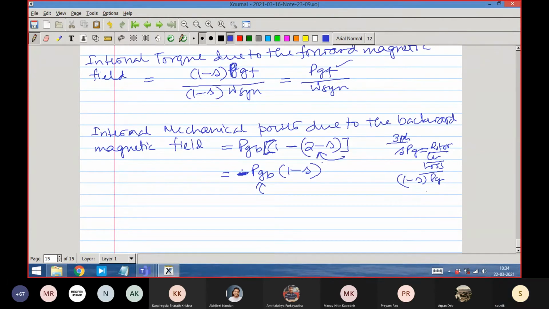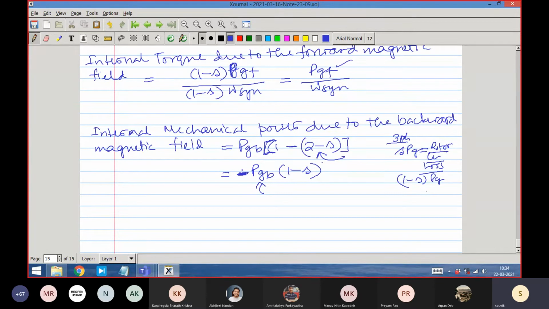The reason is that the rotor copper loss is so substantial that after deduction, the power available for production of torque due to the backward magnetic field is now negative, because rotor copper loss is more than the power that enters the rotor through the backward magnetic field, which gets completely wiped off and becomes negative.